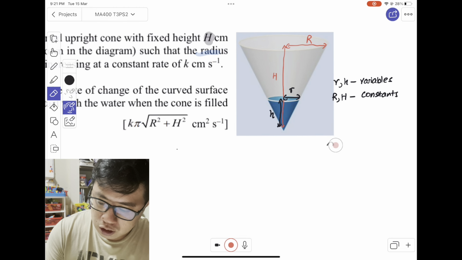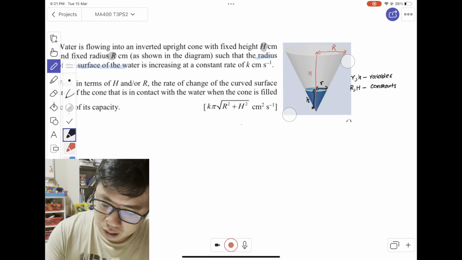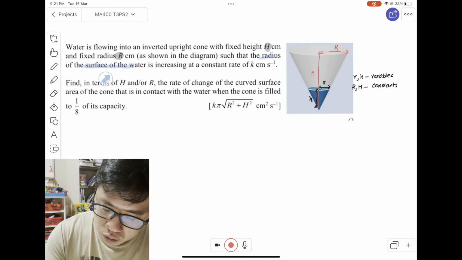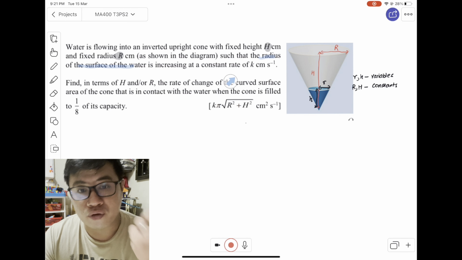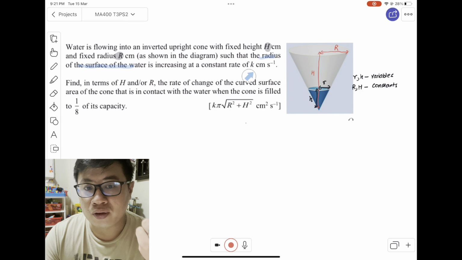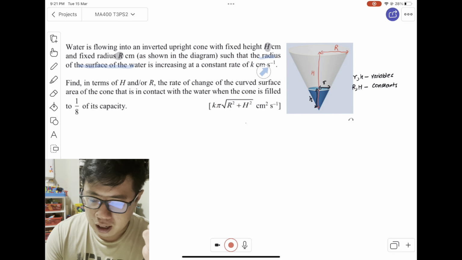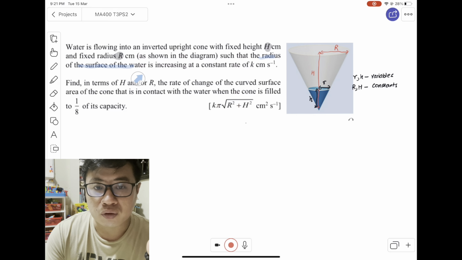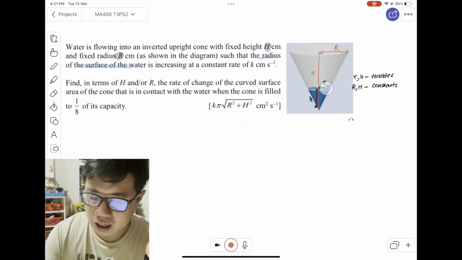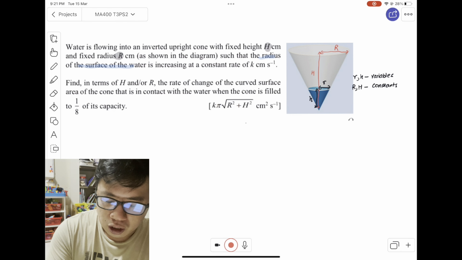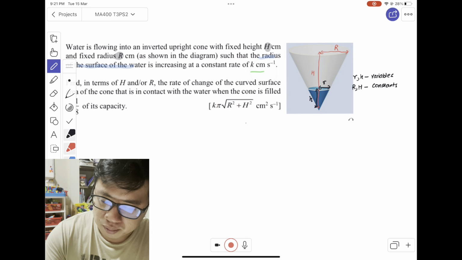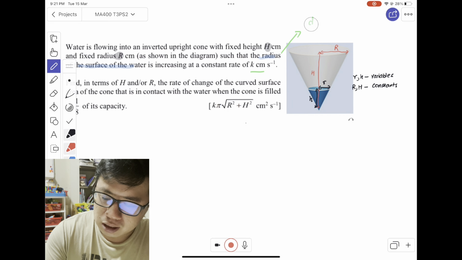Now the next part. Remember that in connected rates of change, one of the derivatives will be given, one will be hiding, and one will be the one that gets you the marks. The radius of the surface of the water refers to dr/dt. So what they are telling you is that dr/dt is equal to k cm per second.